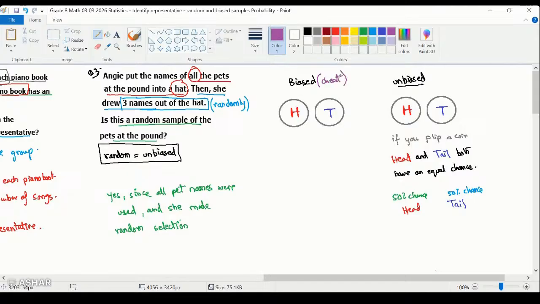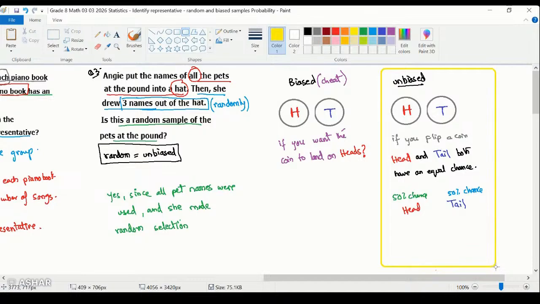If you want the coin to land on heads, can you make that possible? Like every single time you flip the coin it will land on heads. We can do that, but that would be called cheating, and cheating is called biased. I'll show you how.